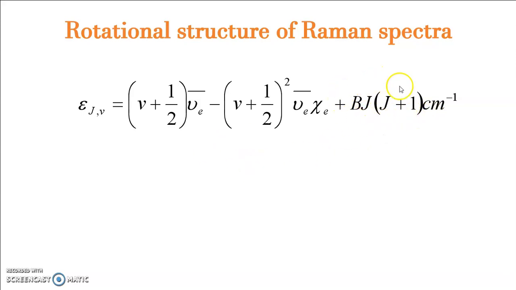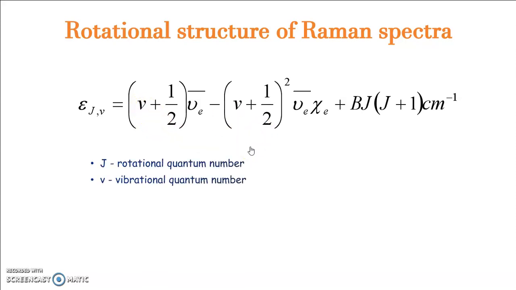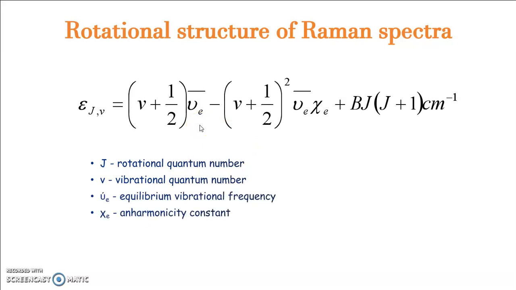Here we are combining the rotational energy with the vibrational energy levels of an anharmonic oscillator, where V and J are the vibrational and rotational quantum numbers that can take values 0, 1, 2, etc. Nu bar E is the equilibrium vibrational frequency, chi is the anharmonicity constant, and B is the rotational constant.